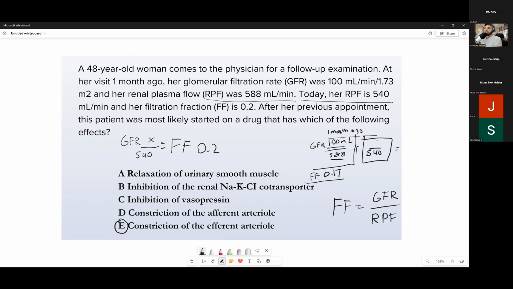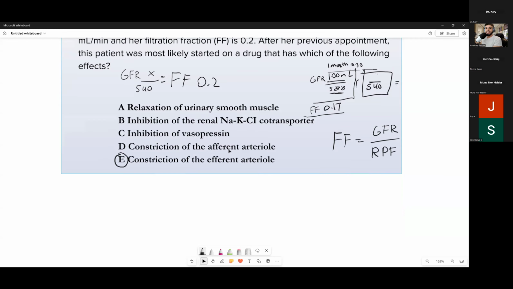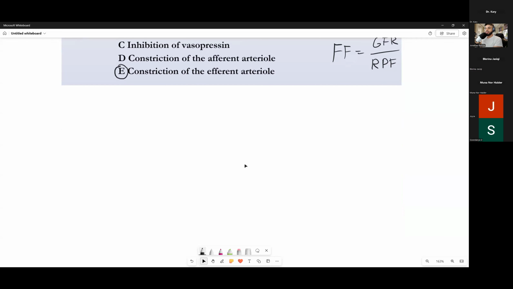So since you said that, we would then ask, what can increase the filtration fraction? And I mentioned this before. There's this one concept that we need to understand, not even math, it's kind of like logic. It's the idea of the numerator and the denominator.